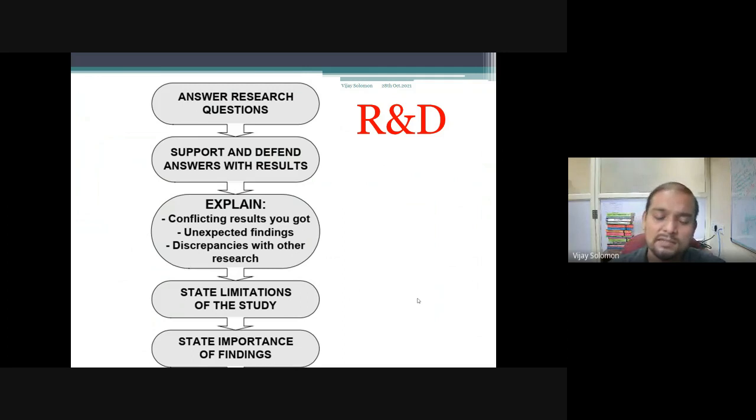And don't forget to mention the importance of the finding. I don't say important findings, I say the importance of the finding, what you want to convey to society. All these things you need to give in a concise and precise way, so that people will enjoy going through a research question, followed by how you tackled the problem, and what your answers to those questions are.